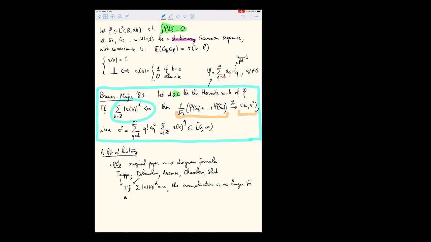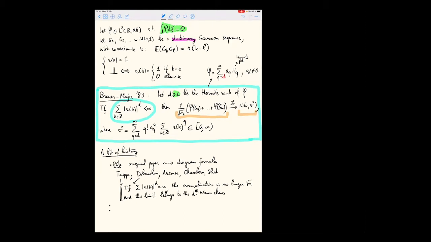And the limit you get is not the Gaussian; it is the Hermite random variables, and they belong to the second Wiener chaos. But that's another story. It was also very interesting at that time that we found a phase transition phenomenon. This quantity, the sum of the absolute value of R(k) to the power d, was exactly the condition under which you get either the Gaussian, like in the usual CLT, or something else.